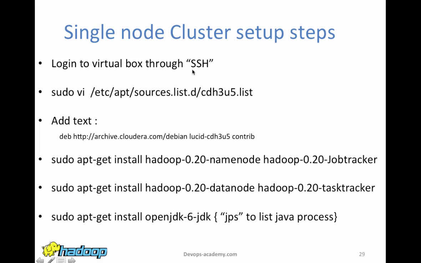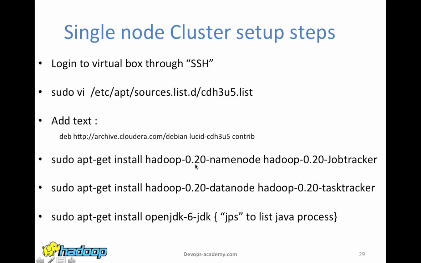Log into VirtualBox. Okay, and sudo vi. So we are using the Cloudera Hadoop distribution. The version is CDS3 U5. So we need to add the repo URL here in CDS3 U5.list. So apt-get install.